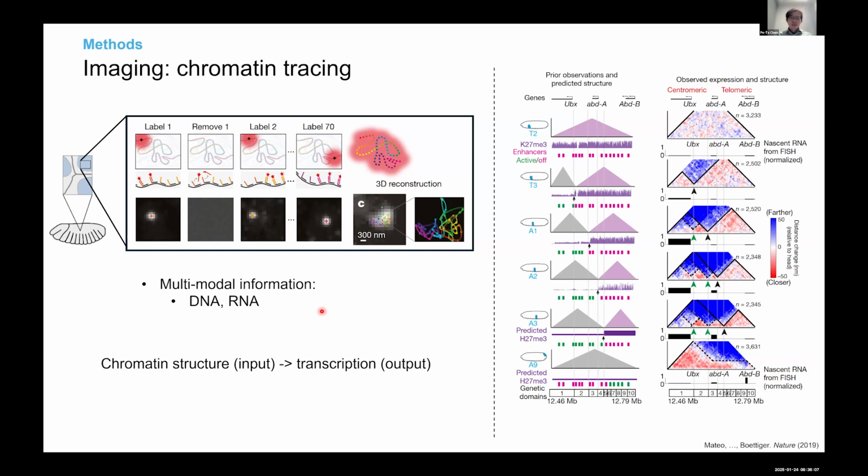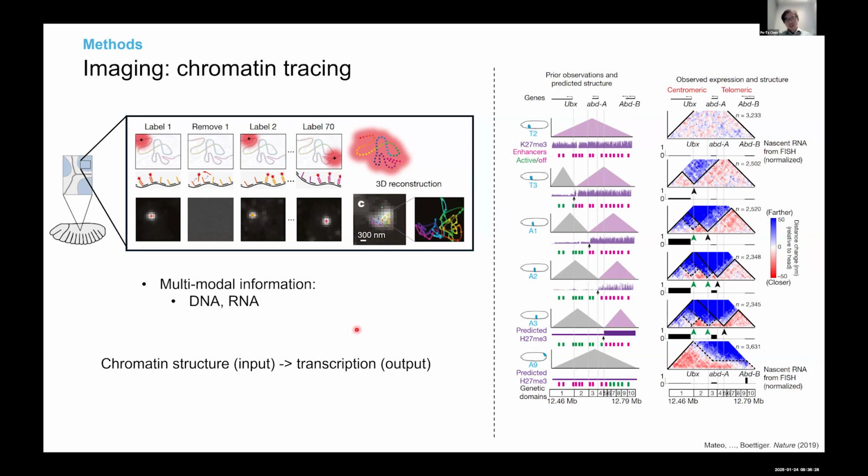I think one benefit of this method is that it's easier to achieve multi-modal information. For example, in one of Alistair's works, they showed that transcription activity correlates with genome conformation, so we can do RNA and DNA imaging at the same time.